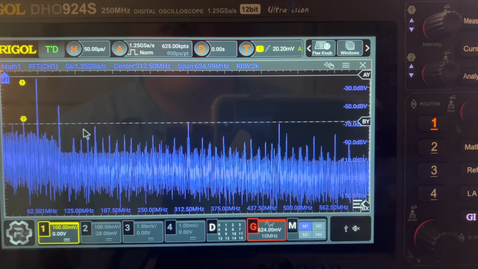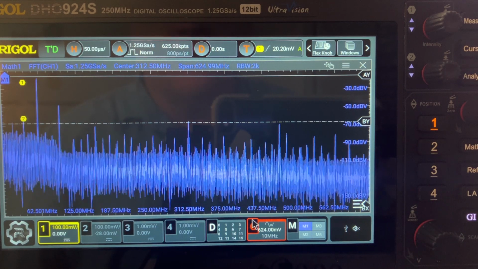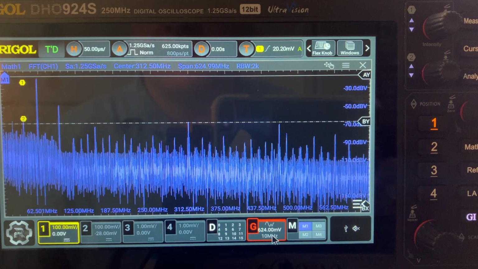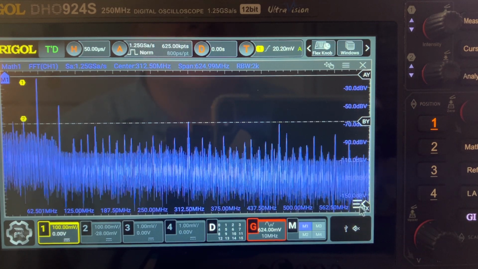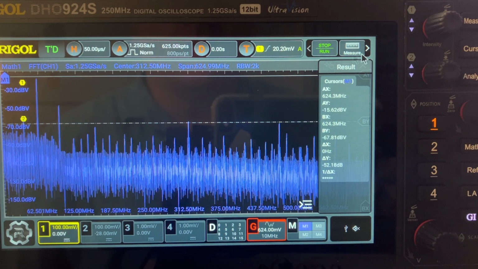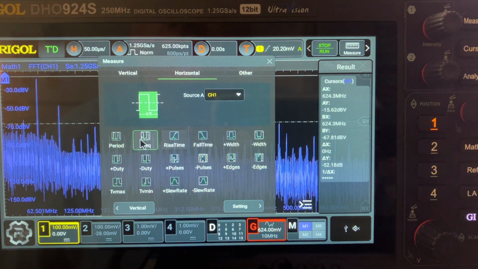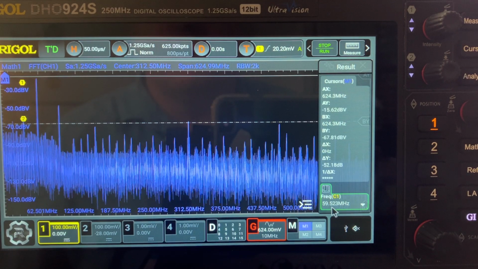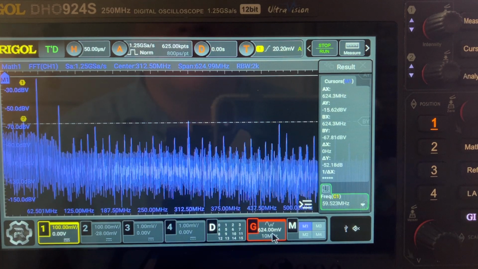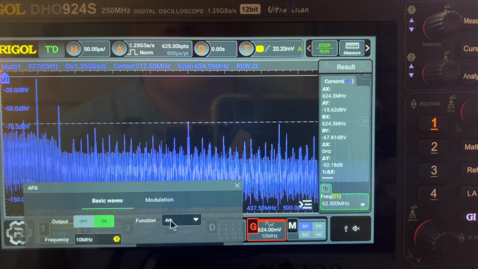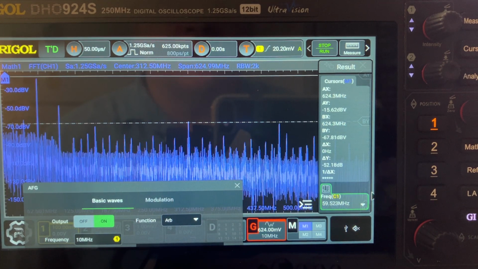So if we look again, this is now 10 megahertz times 6. So the frequency now is, if we add again the measure frequency, so it's something like 64. Let's play with the frequency a little bit. So 10 times 6, 60.